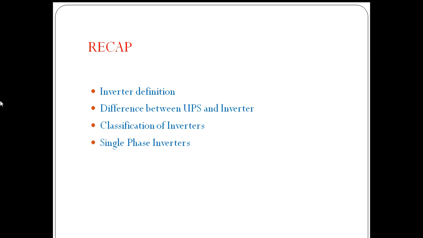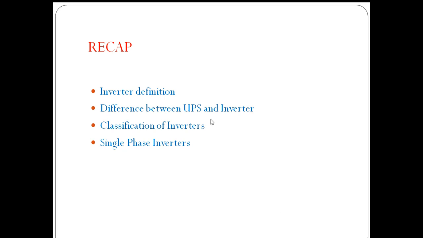That's why we use the full bridge inverter whenever we require square wave output. Generally we use voltage source inverters in practical applications. Whenever we require constant current applications, we go for current source. So we have discussed single phase inverters, half bridge and full bridge.